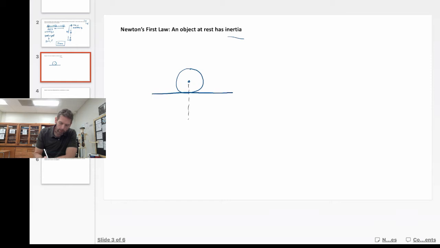All right. So even though this thing is on the table and not moving, there is a force pulling this object down, and that is a force due to gravity. But at the same time, the table is pushing back up. And since this object is not moving, the forces are equal.